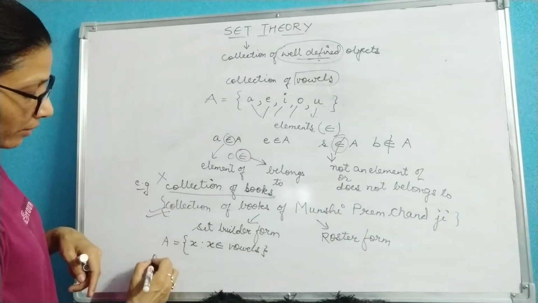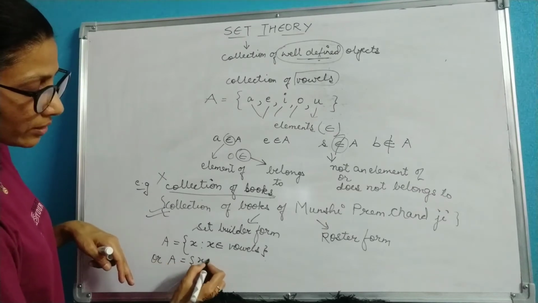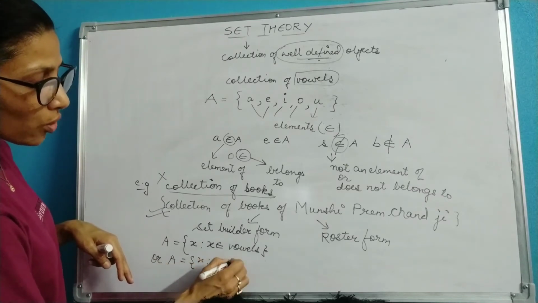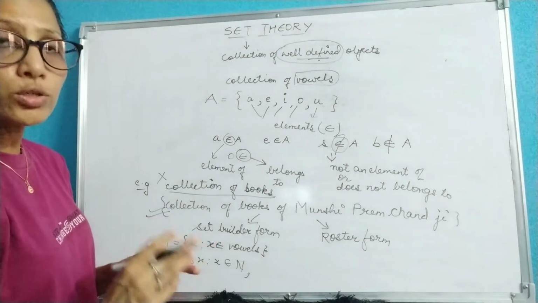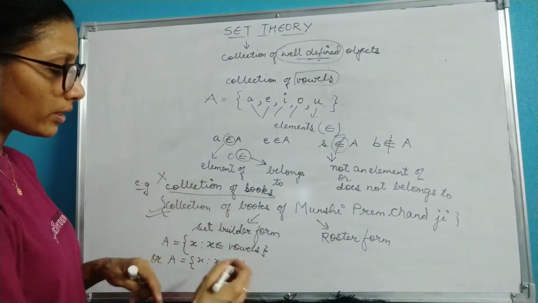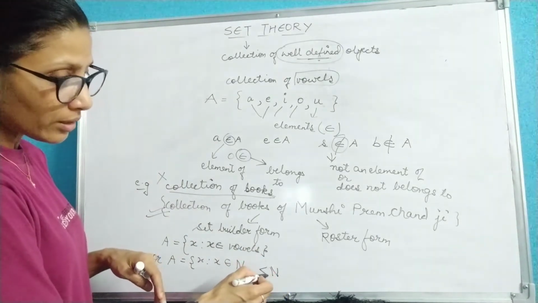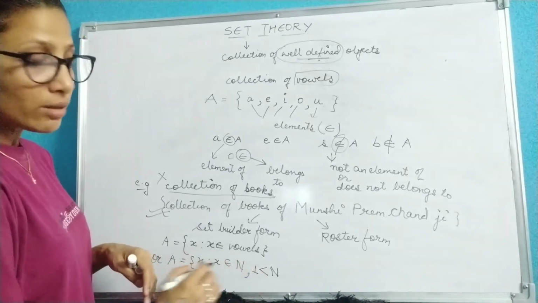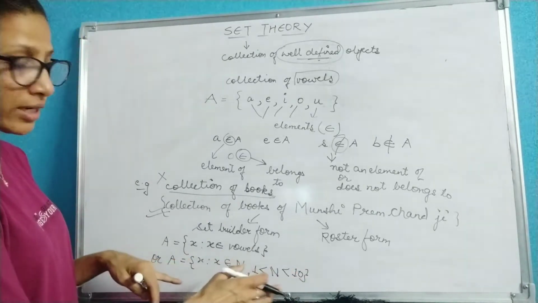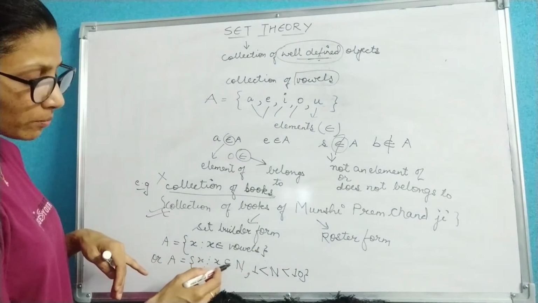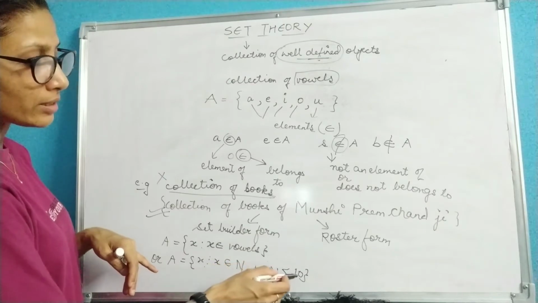Or say, for another example, A equal to {x such that x belongs to natural numbers}, and say I am defining the natural number to be from 1 to 10. So I should say natural number should be greater than 1 and less than 10. So here I have defined x such that x belongs to natural numbers and the natural number should be greater than 1 but less than 10.